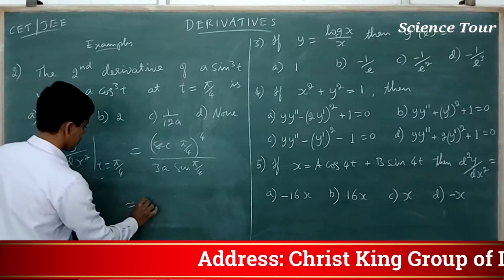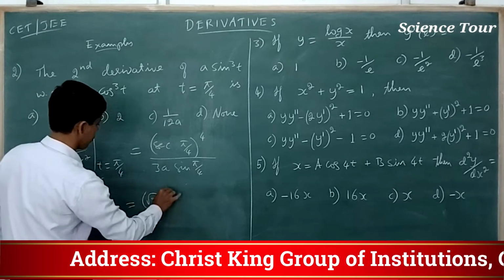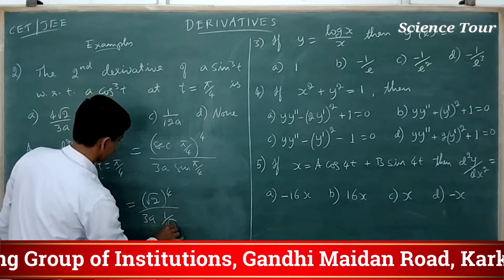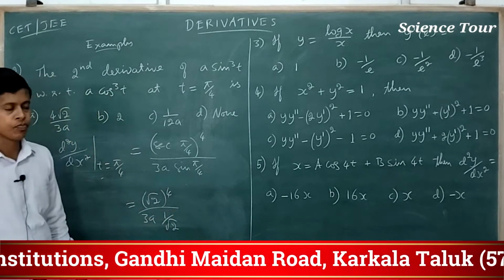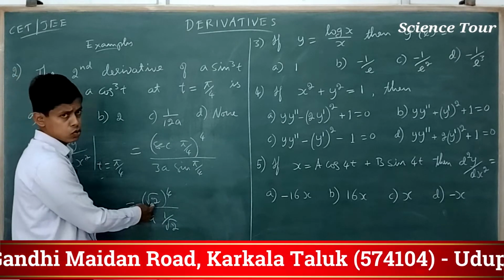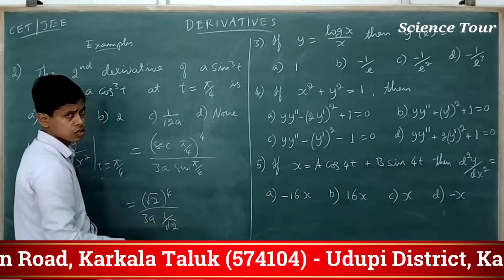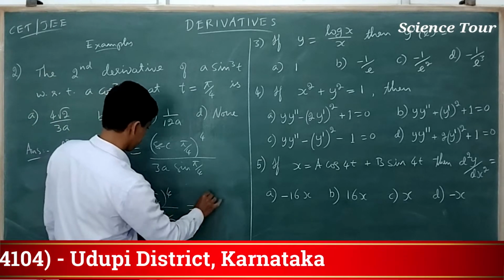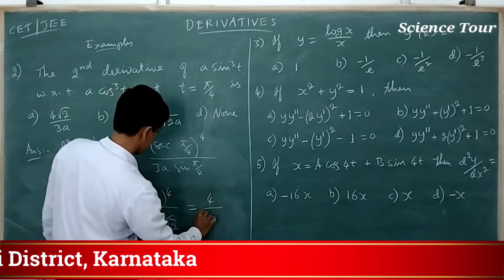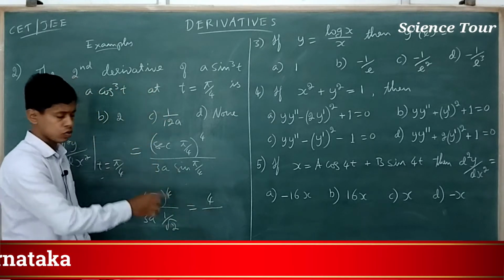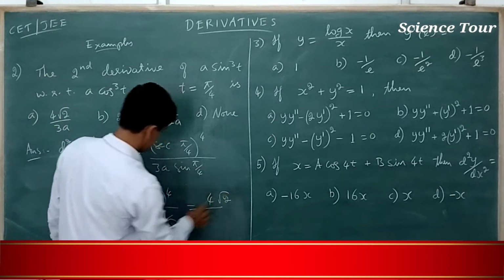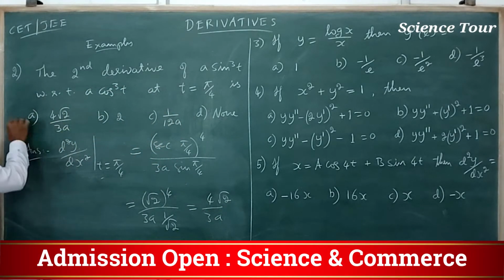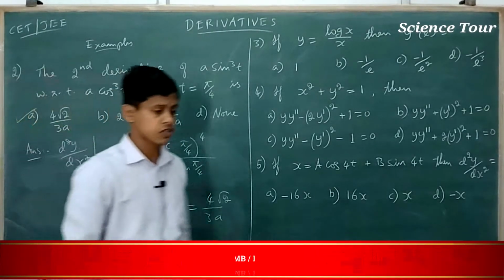So this is root 2 to the power 4 divided by 3a into 1 by root 2. What is this? Root 2 into root 2 four times. Root 2 into root 2 is 2, so 2 into 2 is 4, divided by this root 2 will go to the numerator, and 3a in the denominator. So that is 4 root 2 divided by 3a. Option A is the answer for the second question.